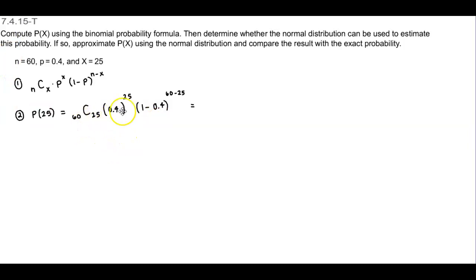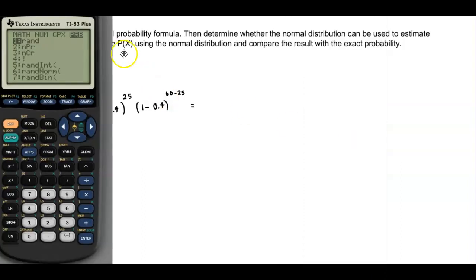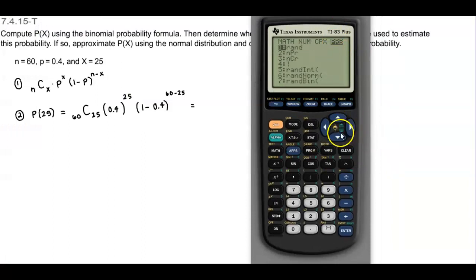Okay, so let's use the calculator to find this out. We're going to take 60, go to Math, then Probability, and select number 3 for the combination. Then put in the number 25 and select Enter. Then we take that number and multiply it by 0.4 to the 25th power.